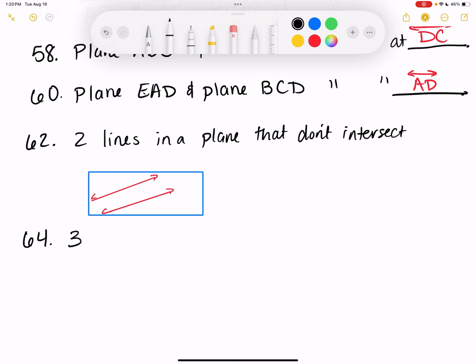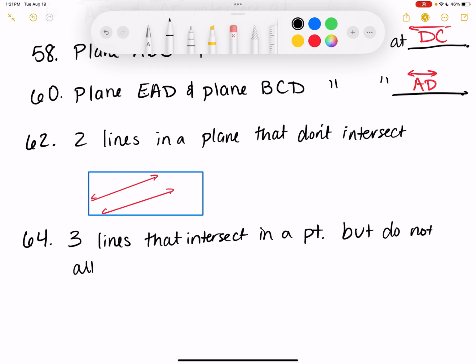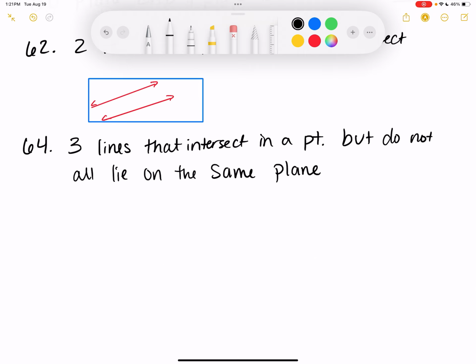64. Three lines that intersect in a point but do not lie on the same plane. Any idea how I might need to do that? You could have one outside the plane.